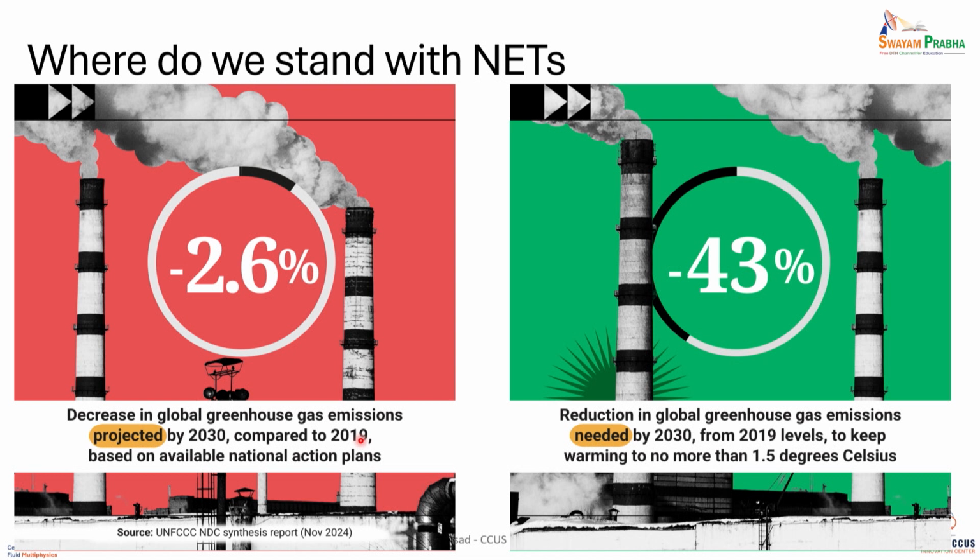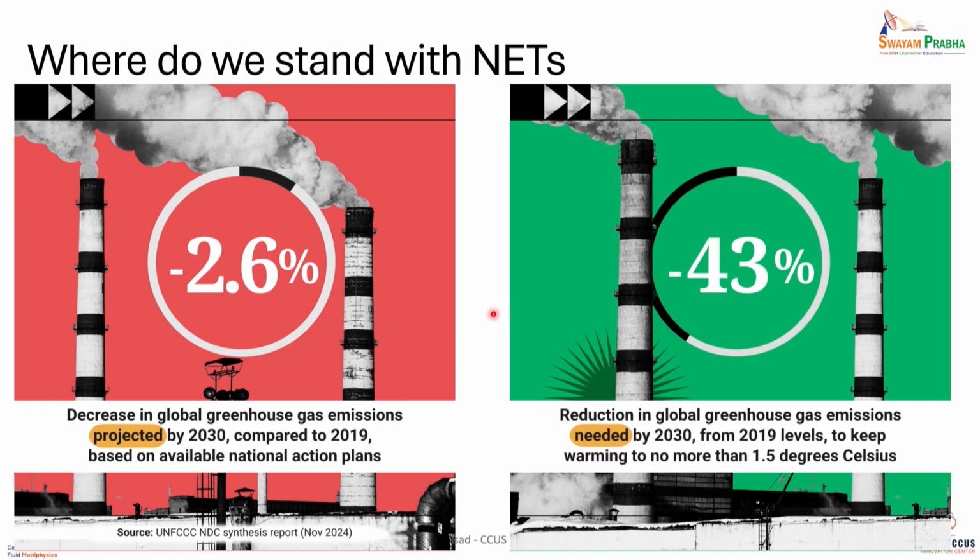And these are based on the NDCs, the national action plans that were declared. If we want to be at 1.5 degrees, that needs to be 43% by 2030. So our nets are not up to scale where we need to be.